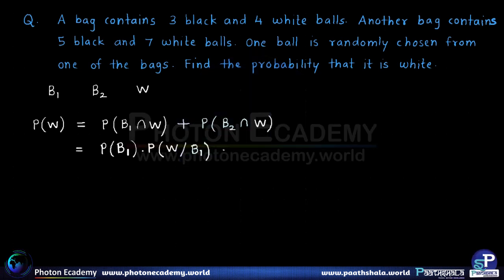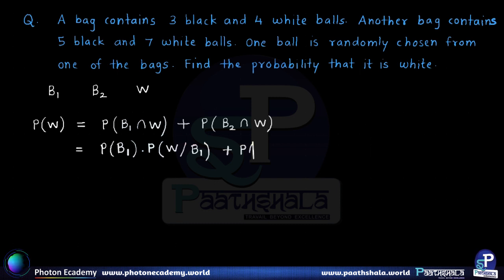Similarly for the second bag also, if the second bag is selected, then the bag selection will occur first. So therefore we first write the probability of bag 2 multiplied with.